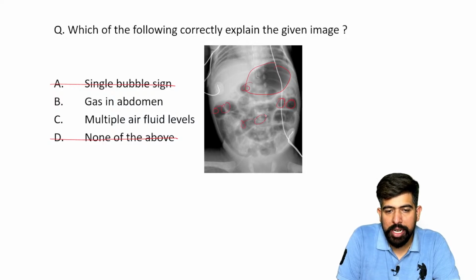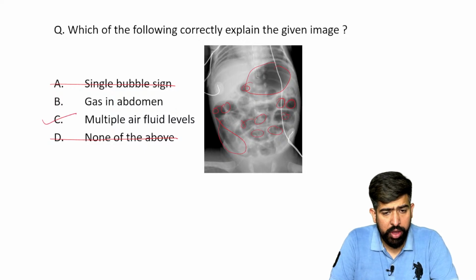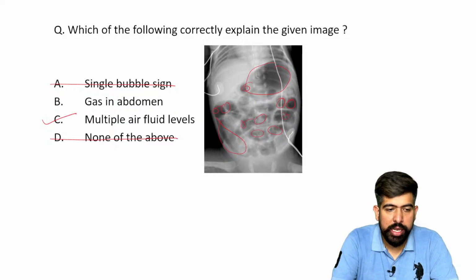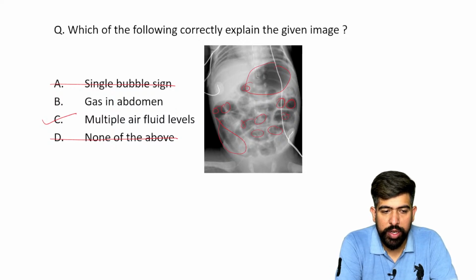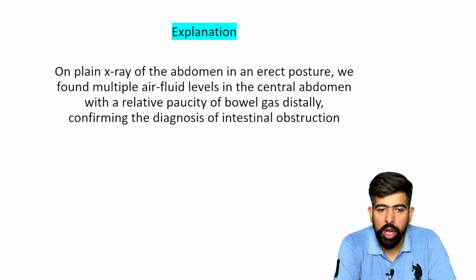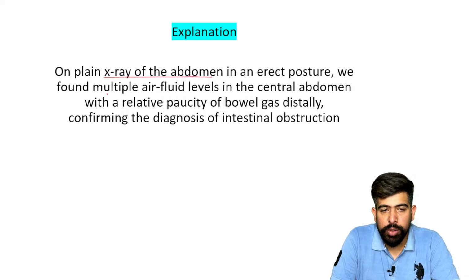There are multiple bubbles, so of course it should be multiple air fluid filled levels. And guys, if I'm talking about these multiple fluid levels, understand how it will be seen on a plain X-ray of the abdomen in the erect posture.